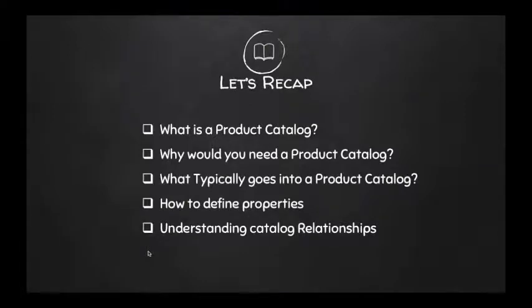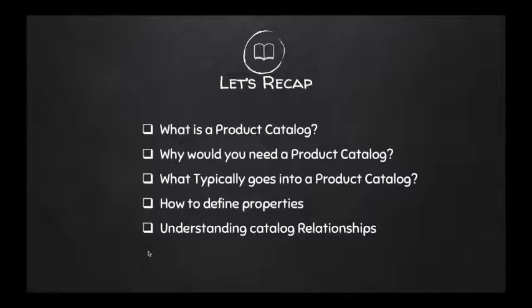So let's recap. We've talked about what a product catalog is: basically, a catalog for storing large amounts of information, typically used for inventory systems. Why would you need a product catalog? Again, for inventory, displaying information, storing information.